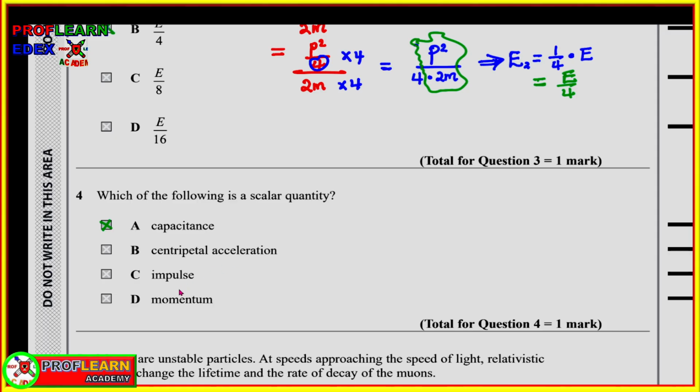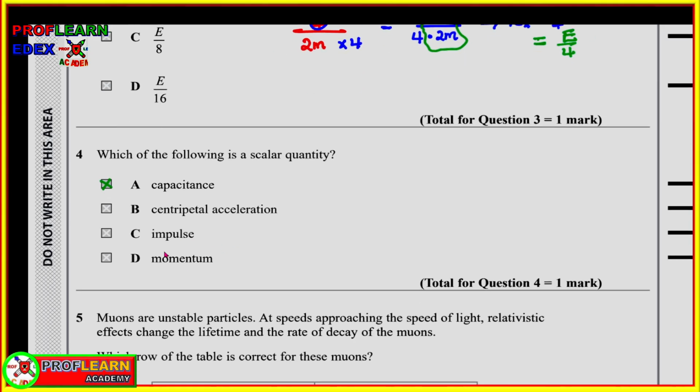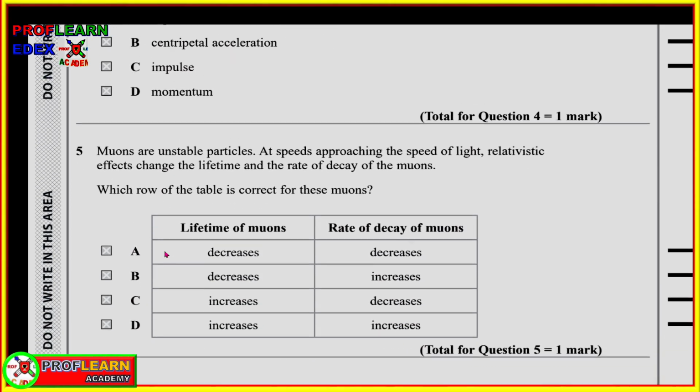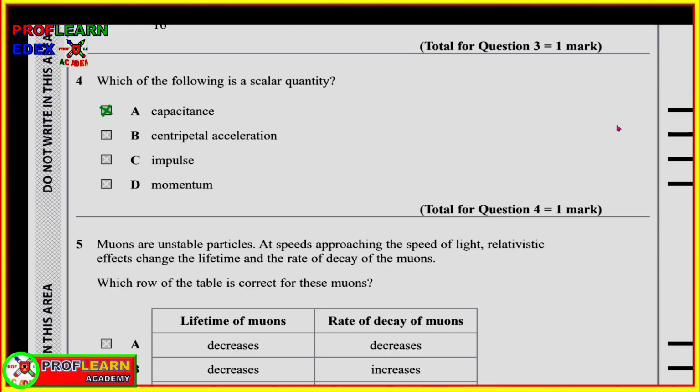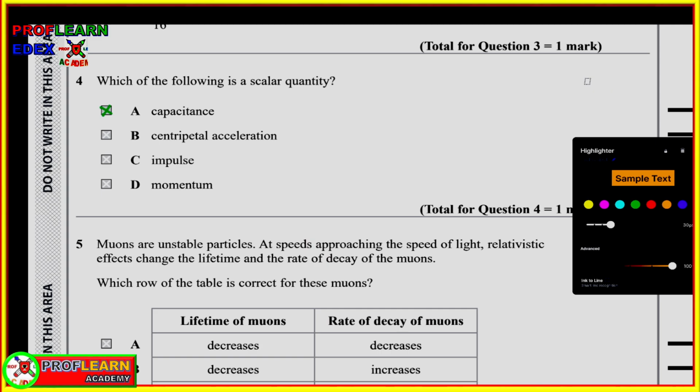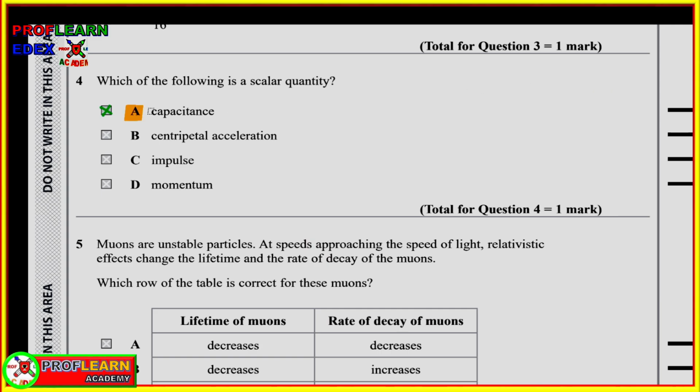Impulse is a change in momentum, and momentum, all these they have what we call direction and magnitude, but capacitance is a scalar quantity because it has only size but no direction. So the correct answer there is A.